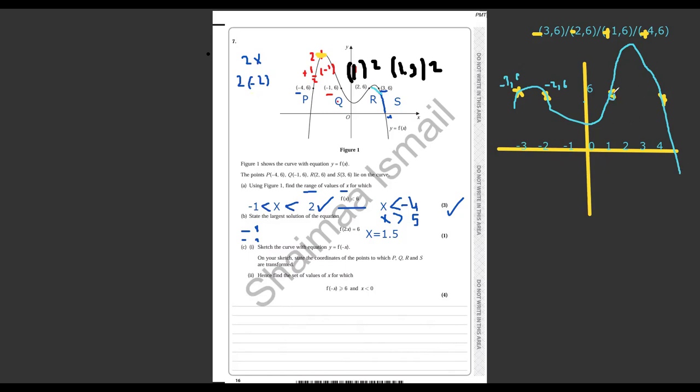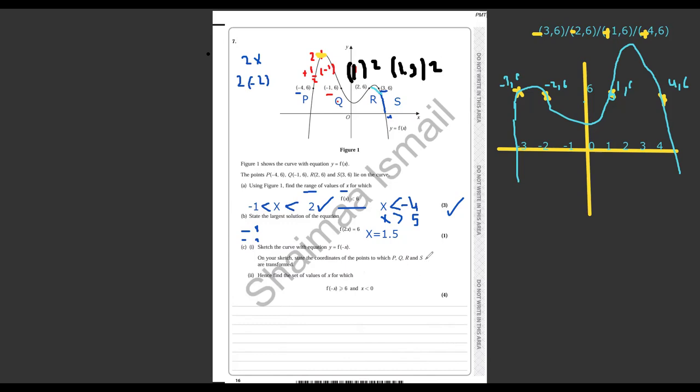This point here will be 1 and 6, and here 4 and 6. You have to show everything. It's like we made it symmetrical, or flipped it. Okay, so we did the sketch.